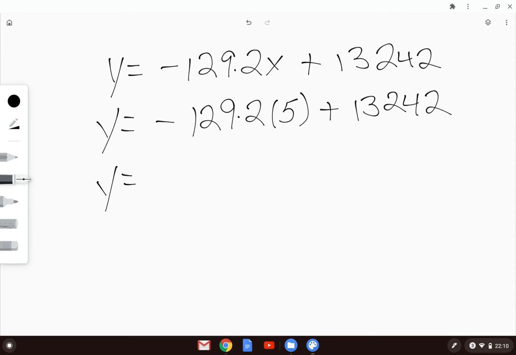So on my calculator, when I do this, it becomes a negative 646 plus 13,242.